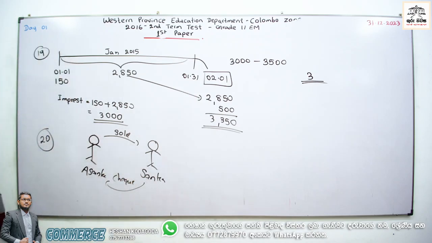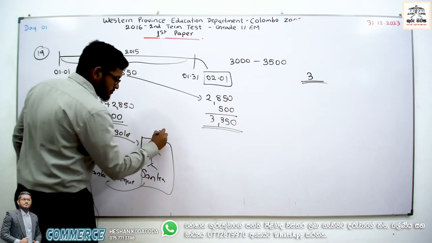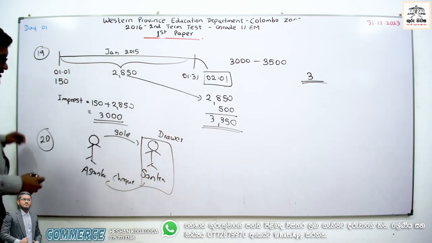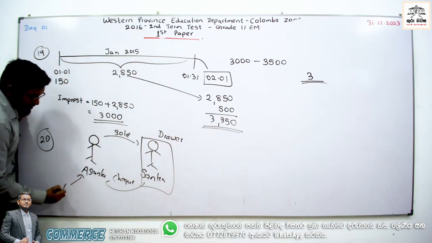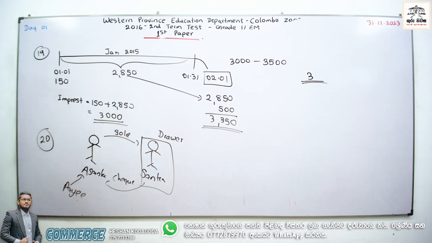Now you need to know this is the drawer. The drawer's bank is the drawee. Asanka is the payee. Can you remember? Right?